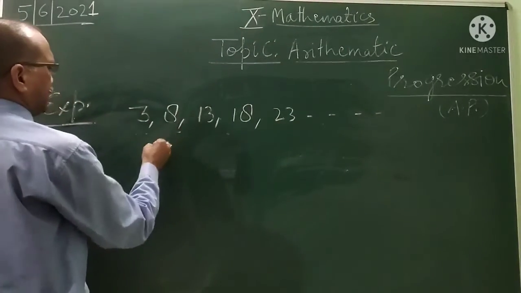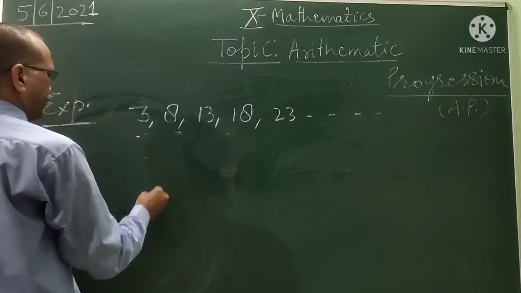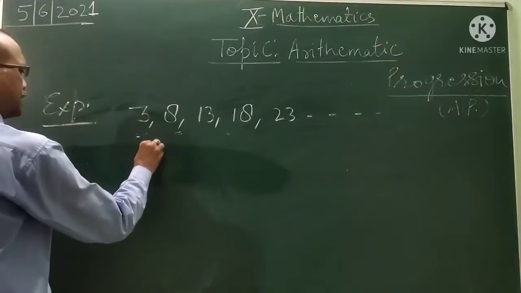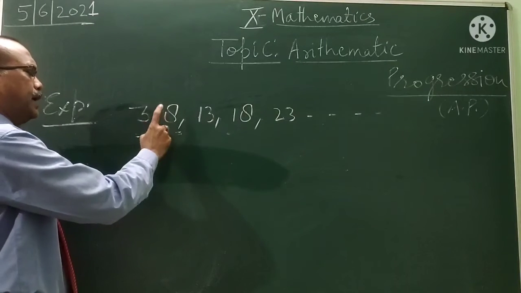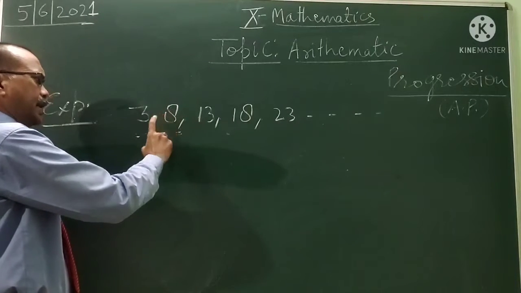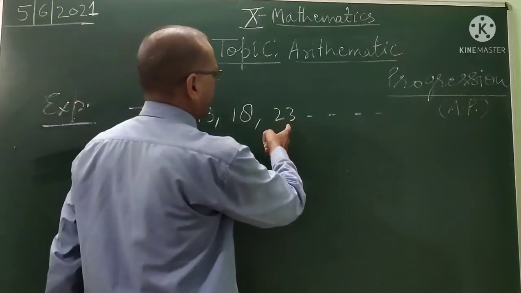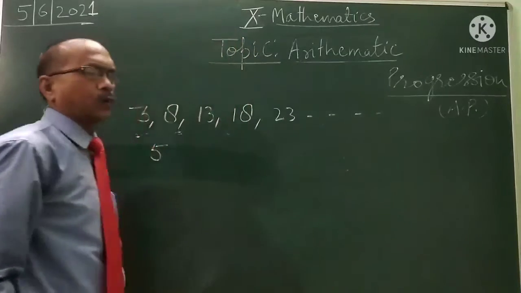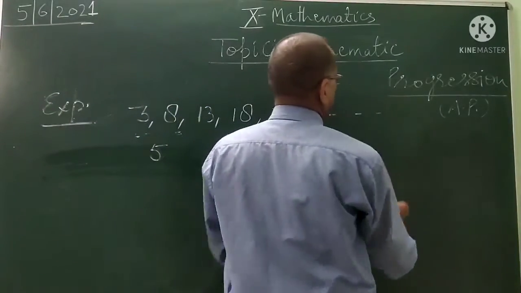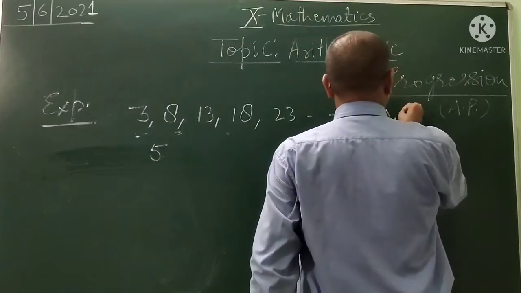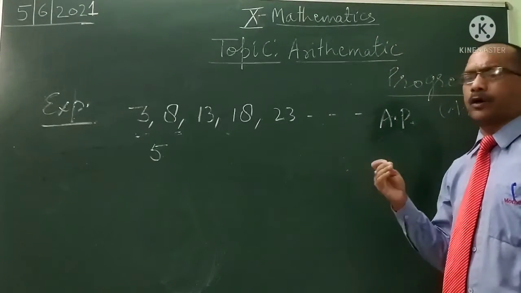Let us check the difference. The difference between 3 and 8 is 5. The difference between 13 and 8 is 5. The difference between 18 and 13 is 5. The difference between 23 and 18 is 5. So this sequence is an AP. So in an AP, the corresponding difference is constant, or the same.